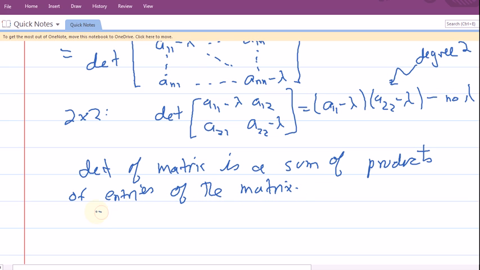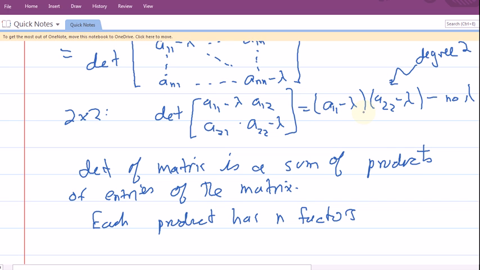Now each product has n factors. And you can see that here. In the 2 by 2 case, you take the 2 diagonal entries multiplied together and subtract the 2 off-diagonal entries multiplied together. Now that's true for 2 by 2. It's also true for 3 by 3, 4 by 4, and so on.